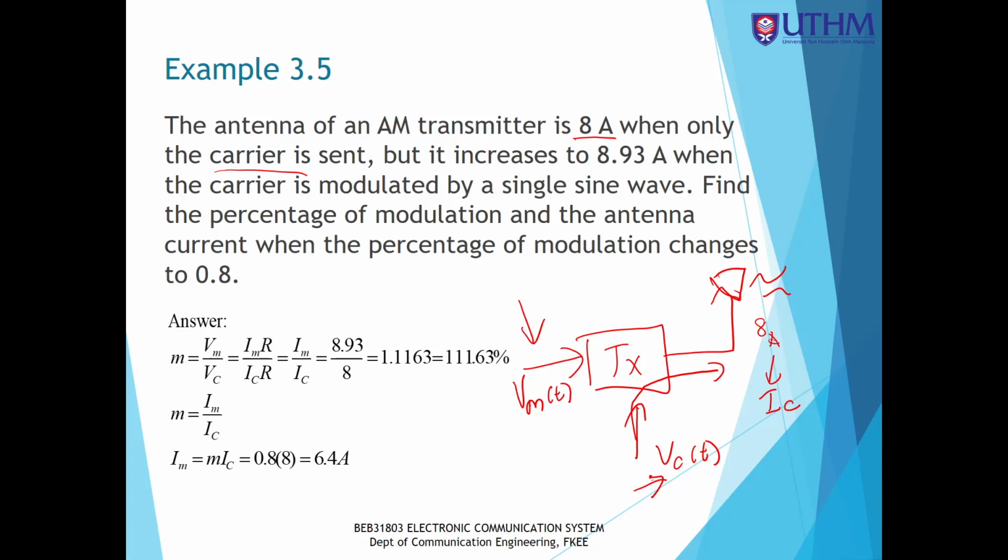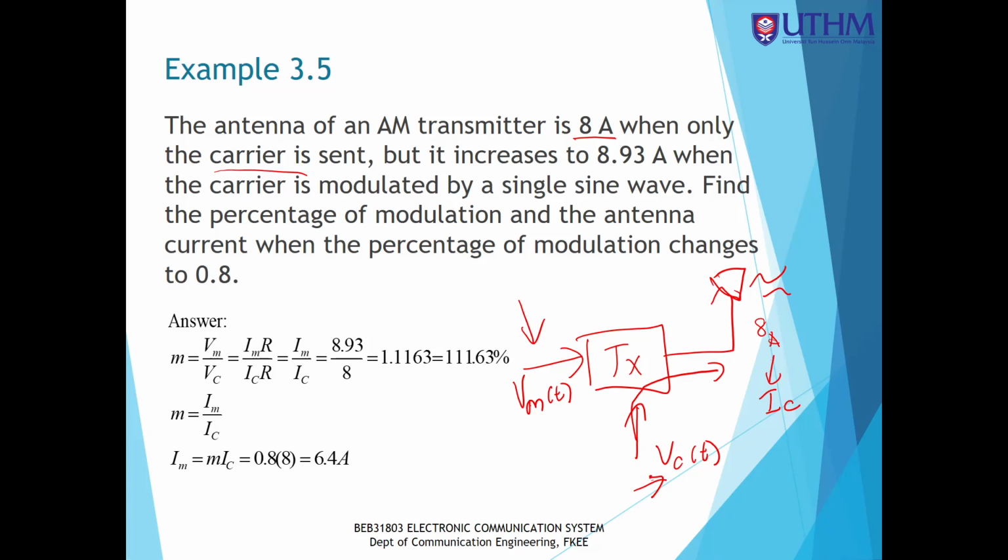So the current becomes 8.93 when there is an input message. So what is it actually? So 8.93 is actually referring to the total current, I total. So I total is the mixing of input message and also the carrier components power current. So that's why you get the I total. I total mengandungi dua komponen, iaitu message dan juga carrier.